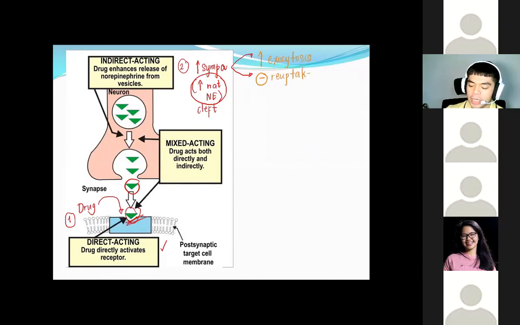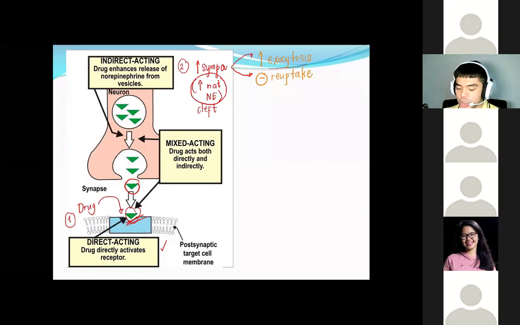Again, that is by enhancing exocytosis, and another is by inhibiting or blocking reuptake mechanism. Are you still listening? Yes, sir. Okay. Let's recall yung processes, exo and reuptake.